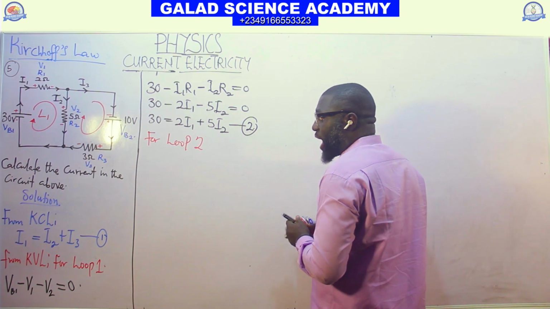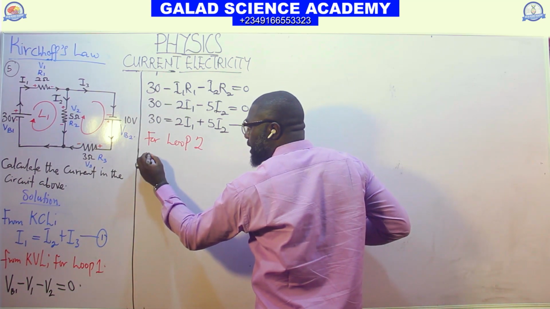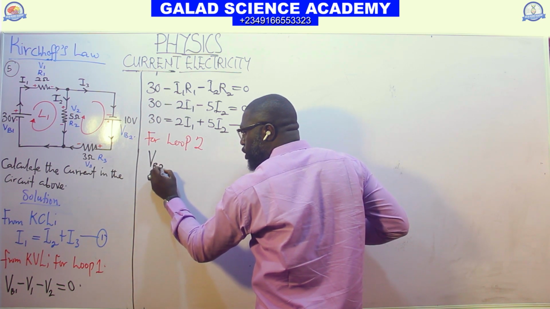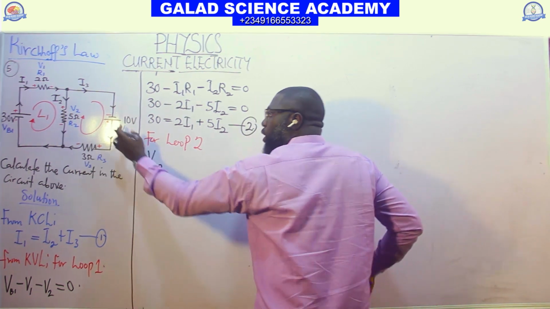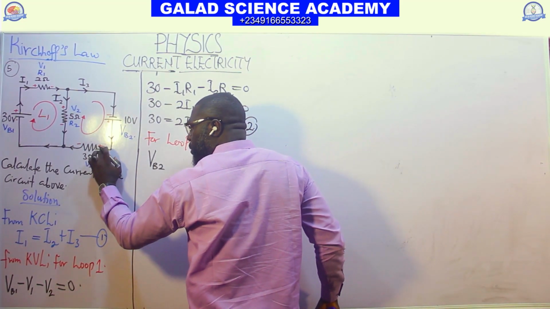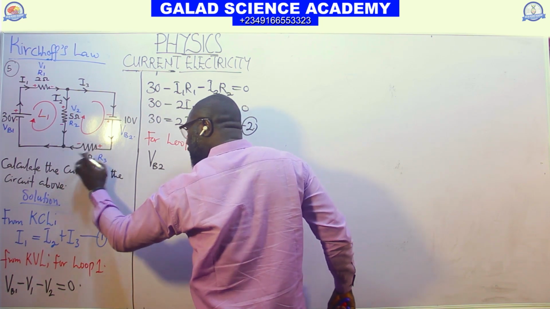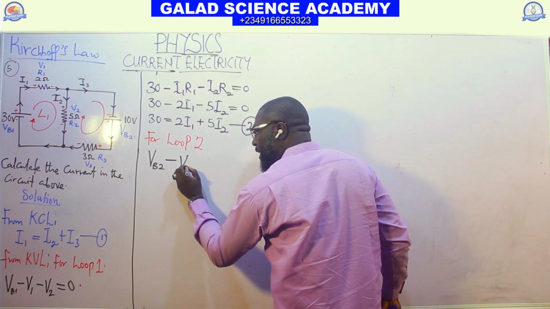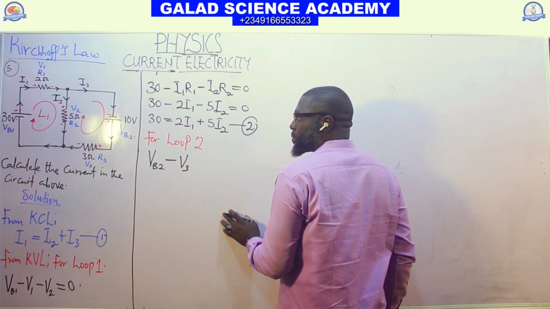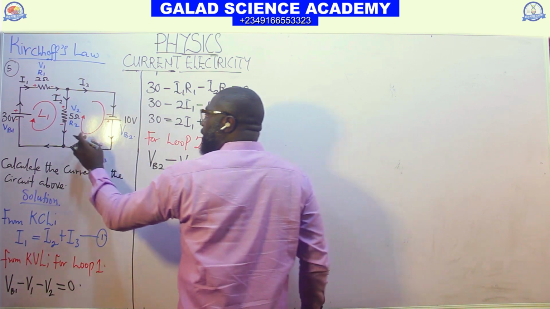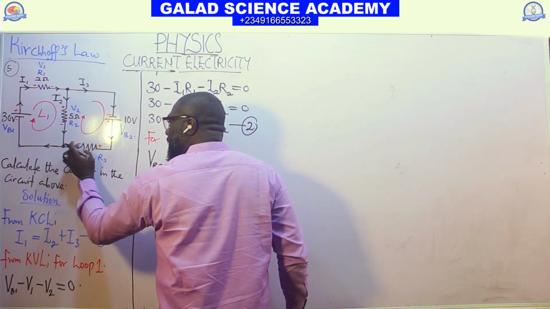So when the voltage rises, we have VB2 like this. Then go to this one. This is plus. Going like this, voltage will drop for V3, minus V3.